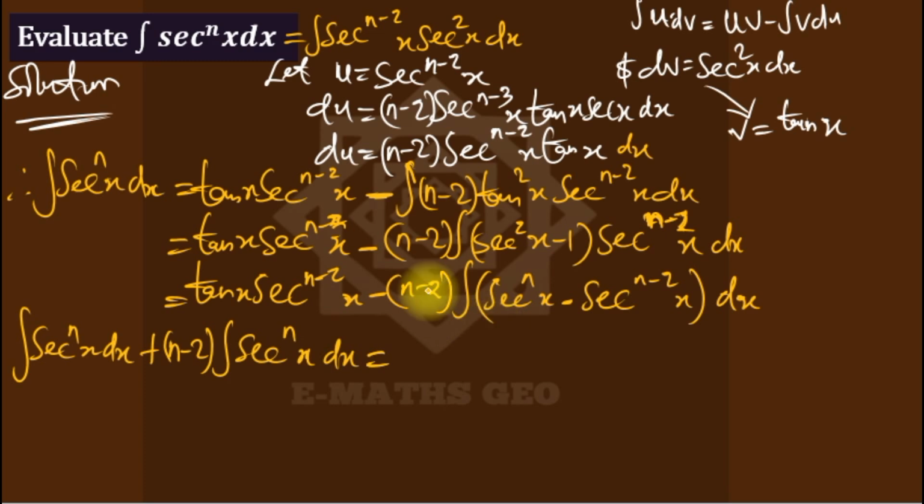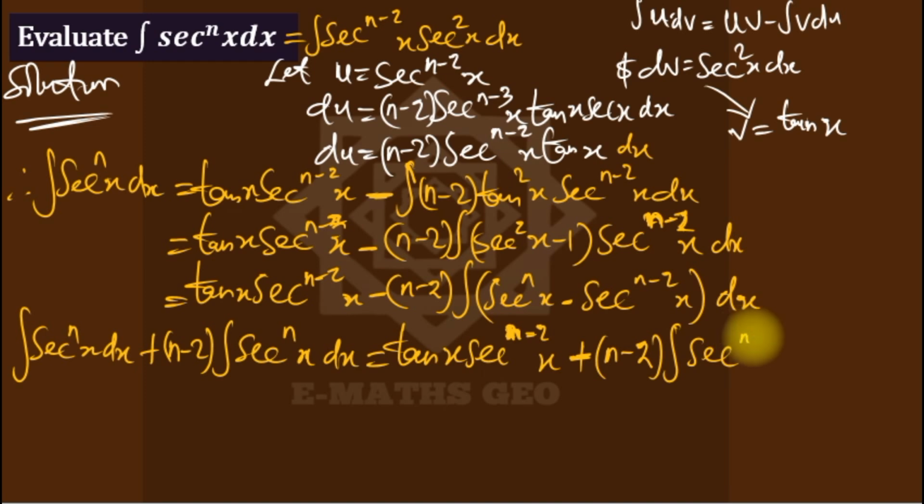So we're left with tan x sec x to the power n minus 2 x, plus n minus 2 times the integral of sec x to the power n minus 2 dx.